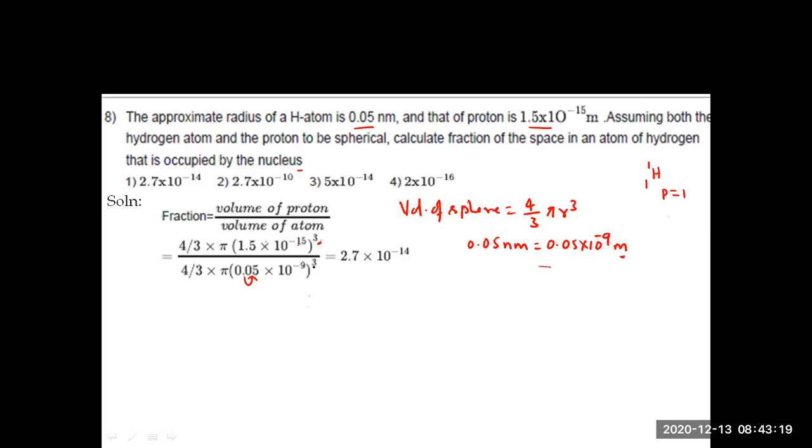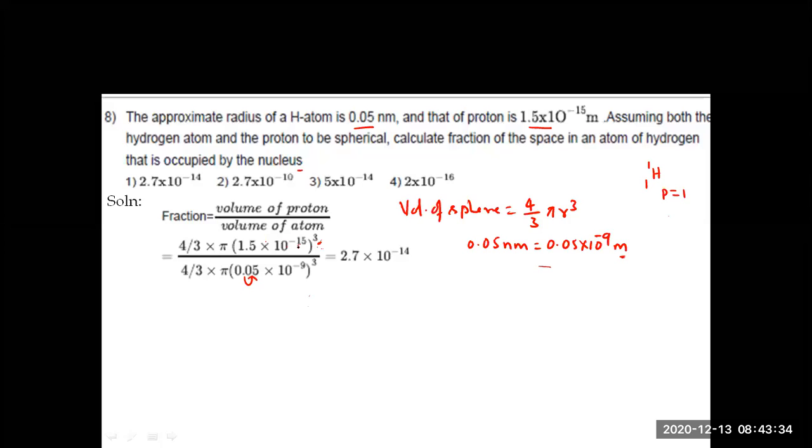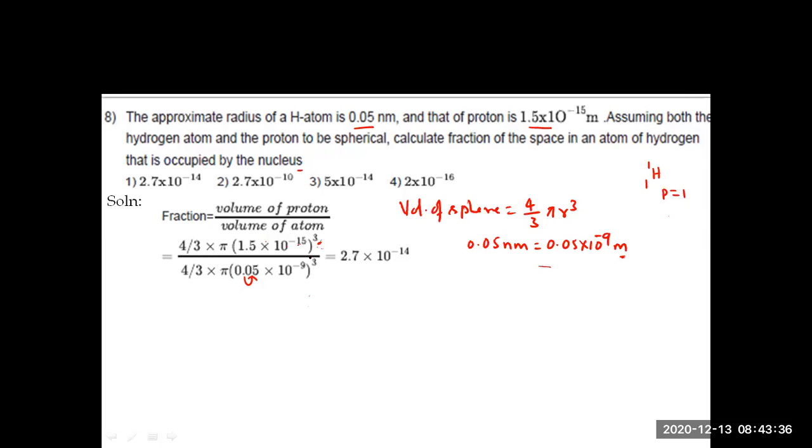What is 10 raised to minus 10 whole cube? Minus 30. When minus 30 goes to numerator, that will become plus 30. And 10 raised to minus 15 whole cube is minus 45. So how much would it remain? 10 raised to minus 15 remains in the numerator. Correct, no? And what is remaining? 1.5 whole cube divided by 0.5 whole cube.